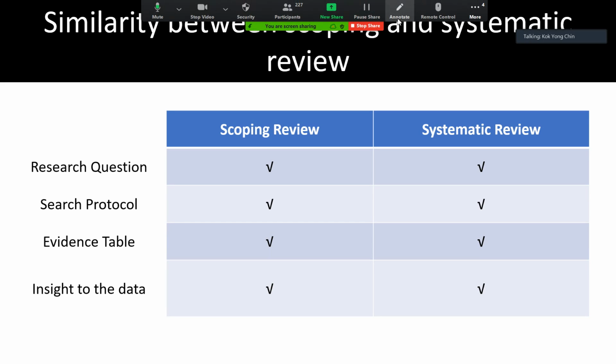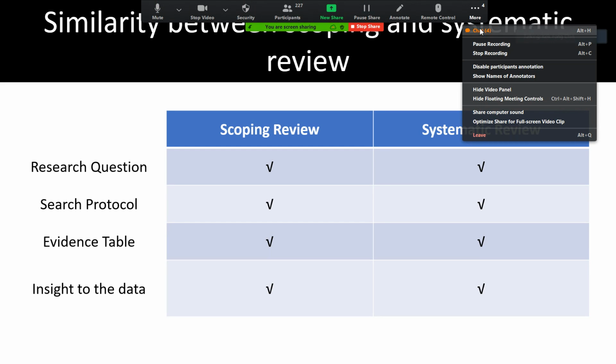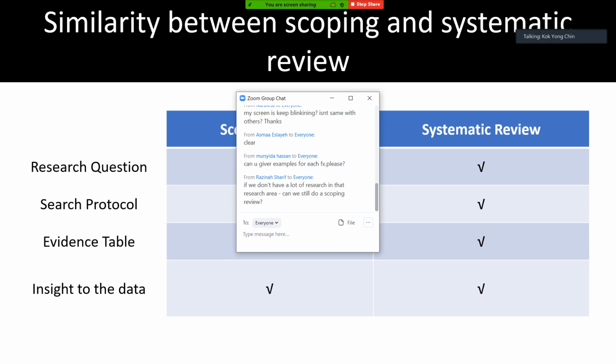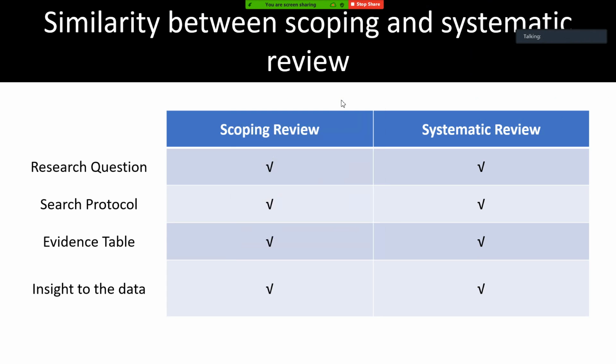But in terms of similarity, both systematic review and scoping review need well-defined research questions. Both of them need a well-defined search protocol, and you need to summarize and collect your evidence into an evidence table. We are going to talk about all these steps later.